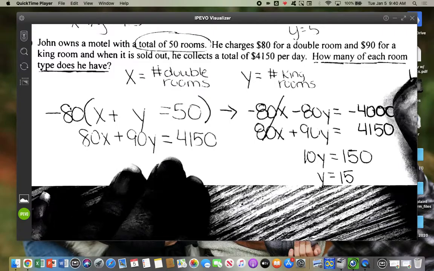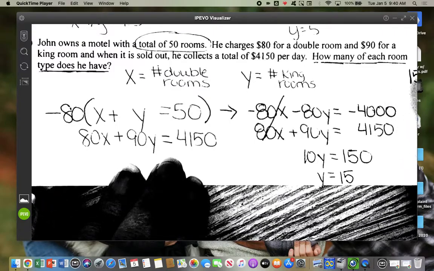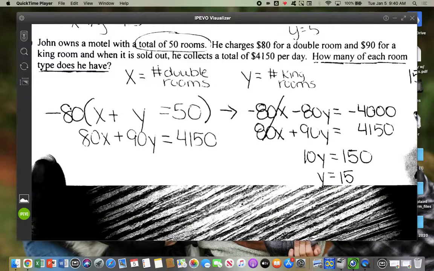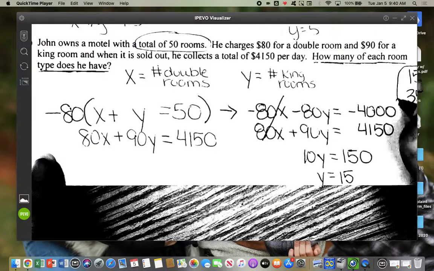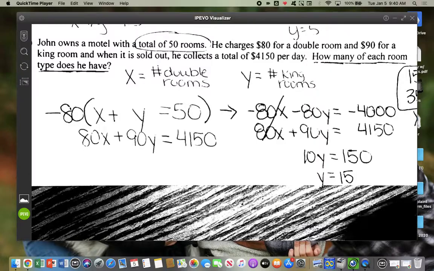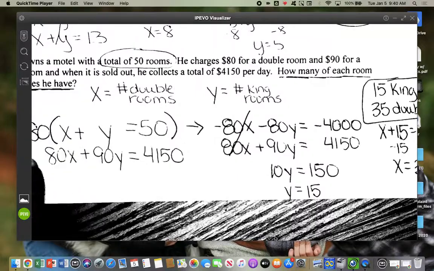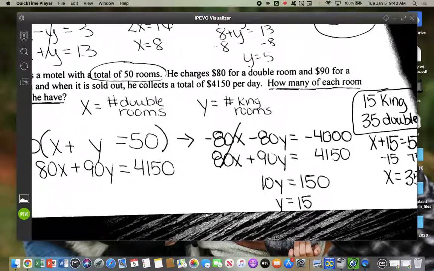So I know I have 15 king rooms. And then I can plug it back into the original. X plus 15 equals 50, to solve to get 35 double rooms. So on this one, we have 15 king and 35 double.